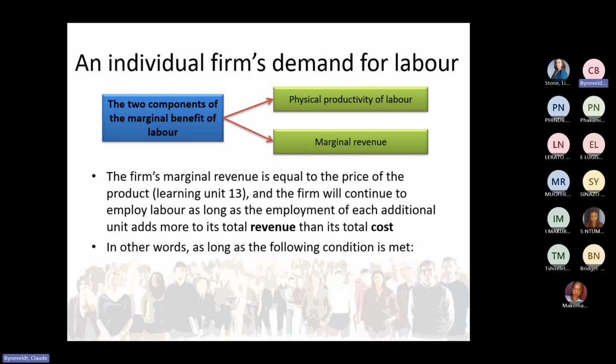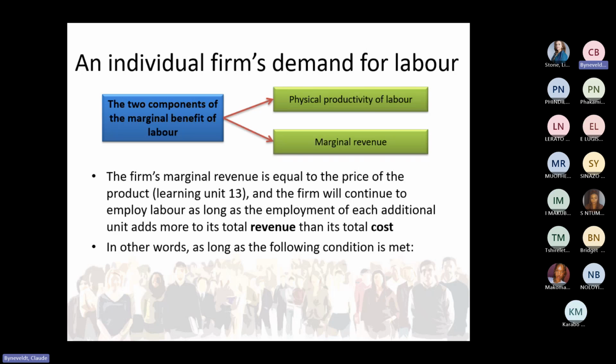The physical productivity of labor refers to the additional productivity that an additional unit of labor will add to the total output of the firm. So it is in terms of the total output, the TP, the total product of the firm. That is the physical productivity of labor.